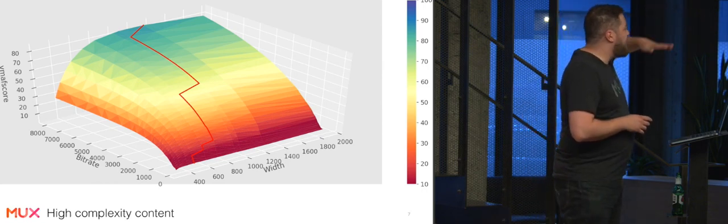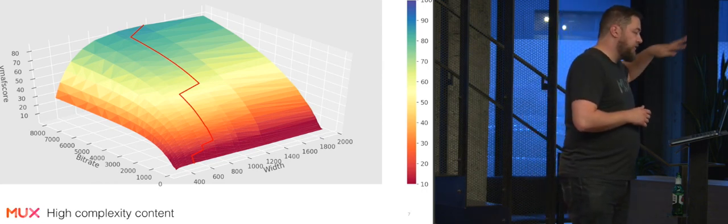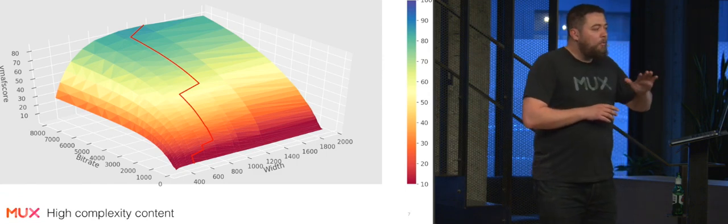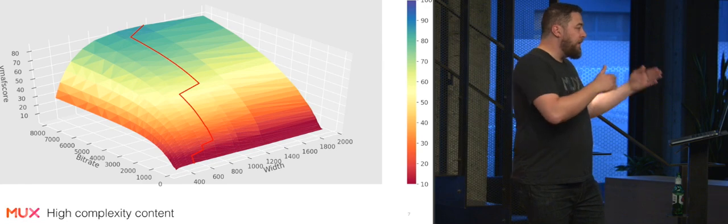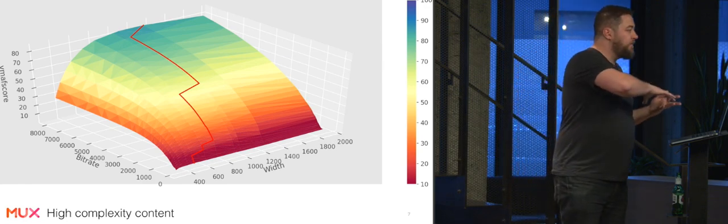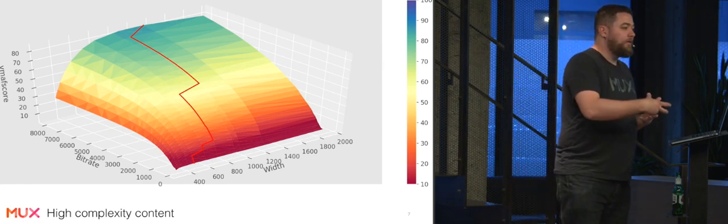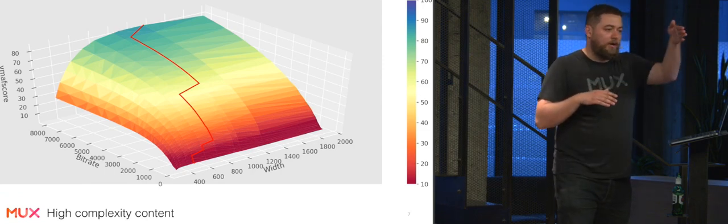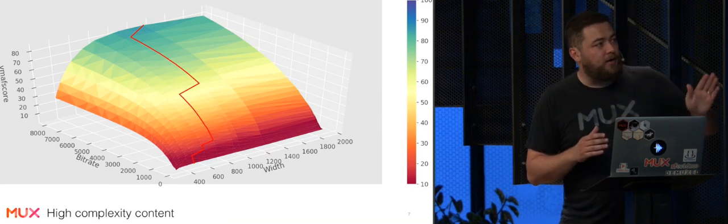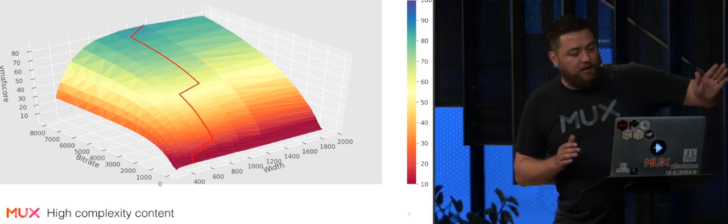Up at higher bitrates, we start getting into green territory, bluish green territory. And what I've highlighted in red on this graph is, for each bitrate, which width maximized quality when I did that encode. You can see that this takes a little walk up through the colors, trying to go for the best color each time.